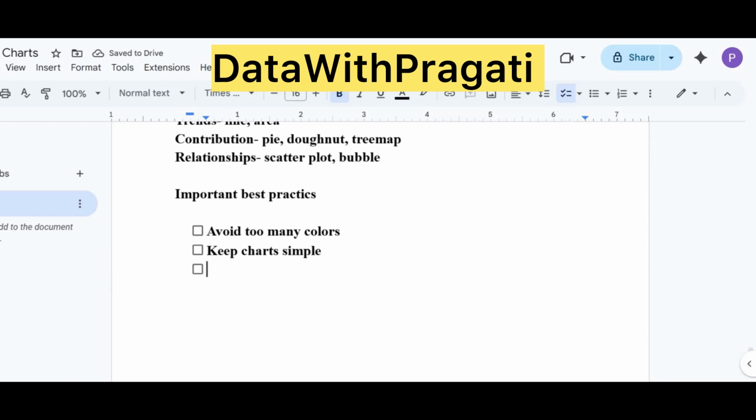Don't use unnecessary 3D effects. Always label axes properly. Use readable fonts. Don't overload charts with too much data. A simple chart is always better than a confusing chart.